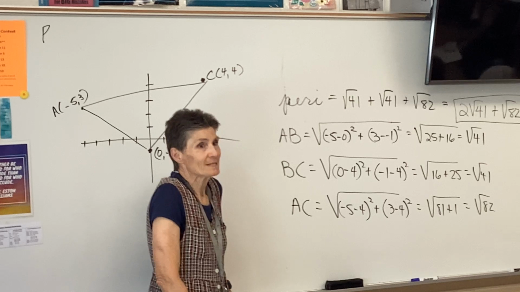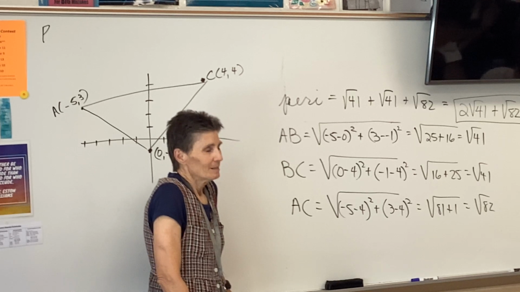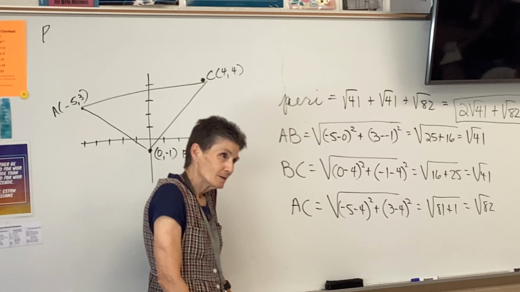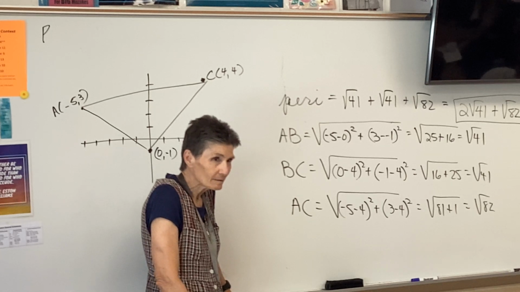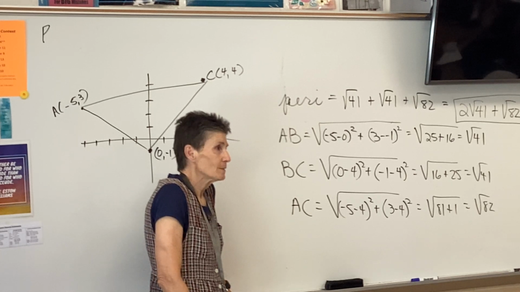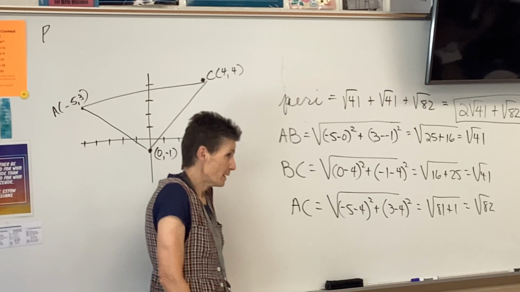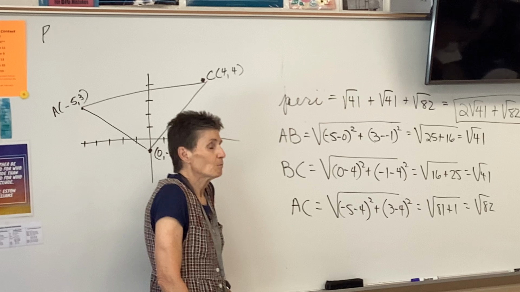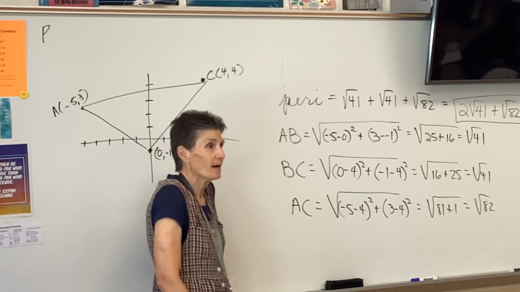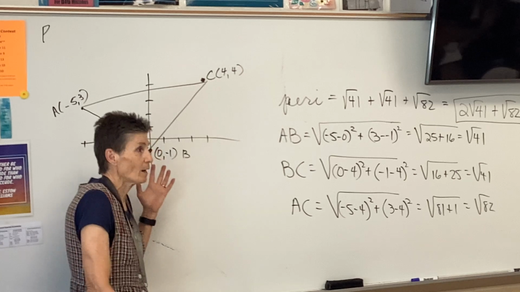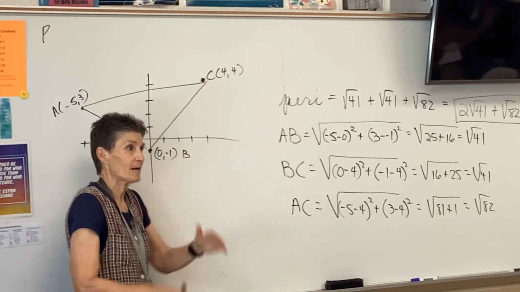Now this problem is sneaky, because they also want you to find area. What kind of shape is it? Triangle. And how do we find the area of a triangle? 1/2 base times height. And if we're going to do 1/2 base times height, that means there has to be a right angle in here somewhere, where the base and height come together.